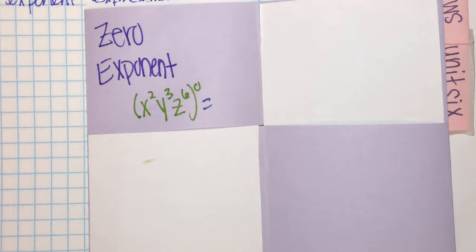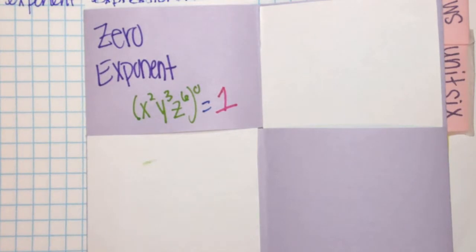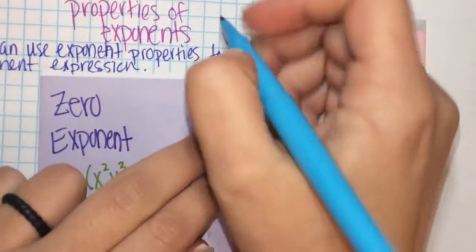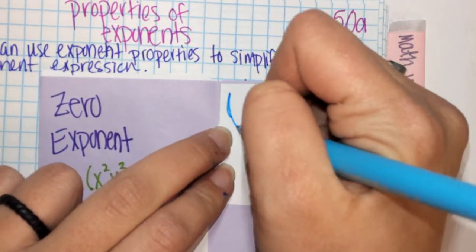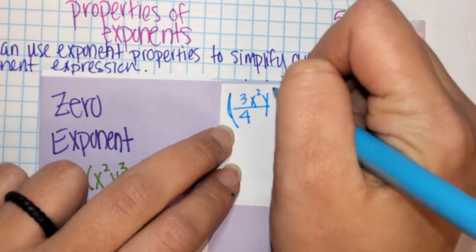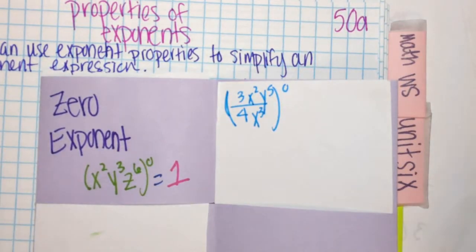Okay, so anytime you have a zero exponent, anytime, it's always equal to 1. Always. So no matter what, if there's a 0 on the outside, it's 1. So if it is 3/4 x squared y to the 5th x cubed to the 0 power, what's the answer going to be?